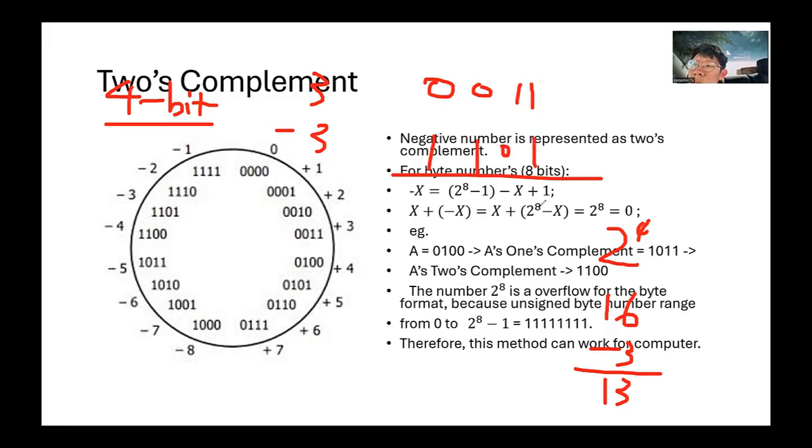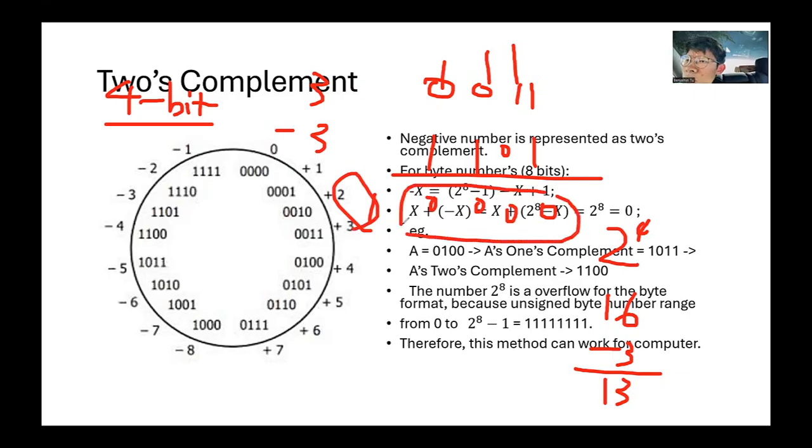These two you sum together will be 0, carry 1, 0, carry 1, 0, carry 1, 0, carry 1. It has an overflow bit, and the remaining bits would be 0. So you dump this bit, you got a 0. So we use 13 as the negative part.